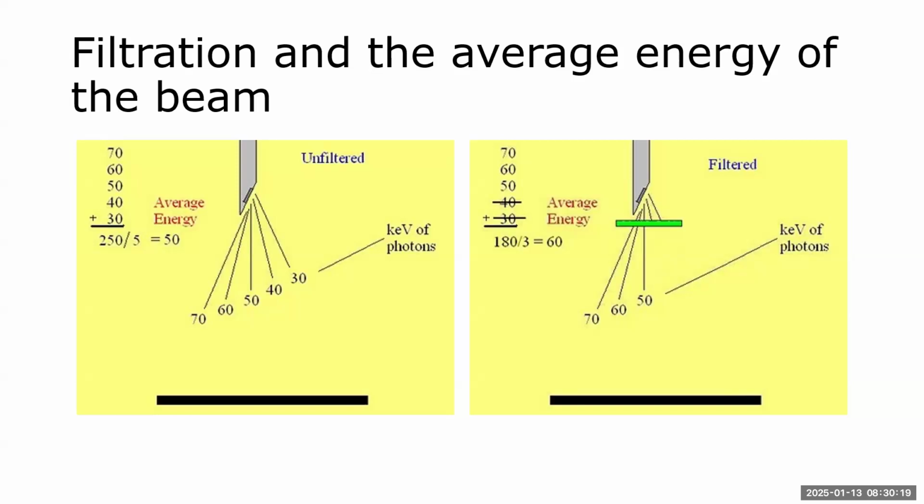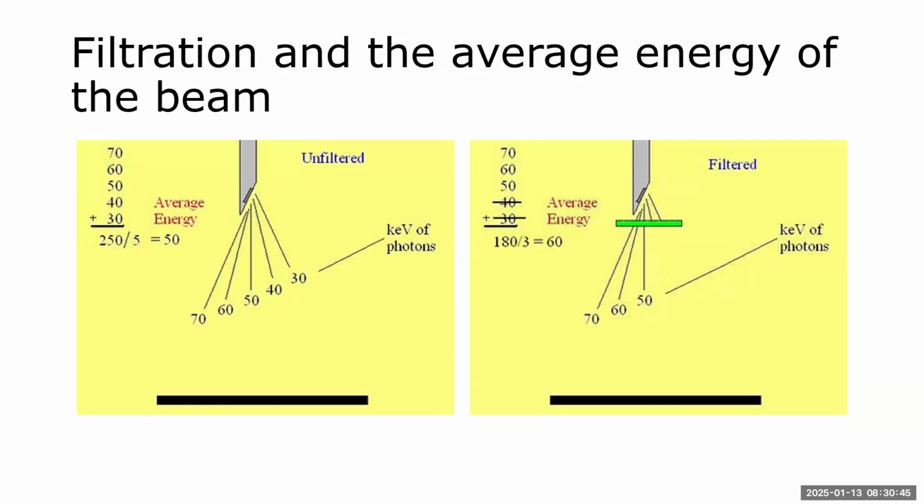If we add some filtration, like has happened over here on the right, what is that doing to those lower energy photons? What's it doing when we add filtration? Yes, it's absorbing them, right? So it's preventing them from trying to interact with the patient.